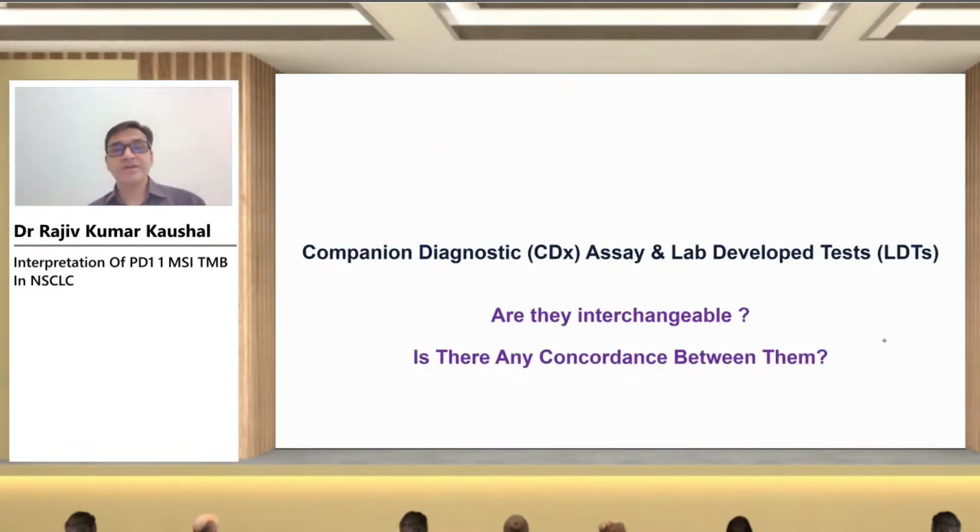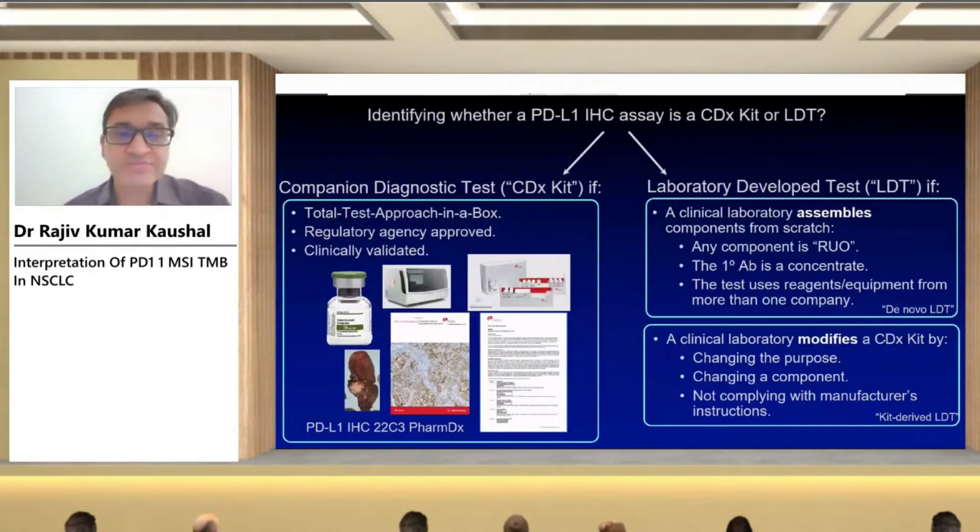But the problem is that these assays and platforms are not readily available at all places, and we need to use them off-label or as a laboratory developed test. So what is the difference between a companion diagnostic and a laboratory developed test? If we use these diagnostic kits for any indication other than that approved by FDA, or if we alter anything in the assay, it becomes a laboratory developed test.